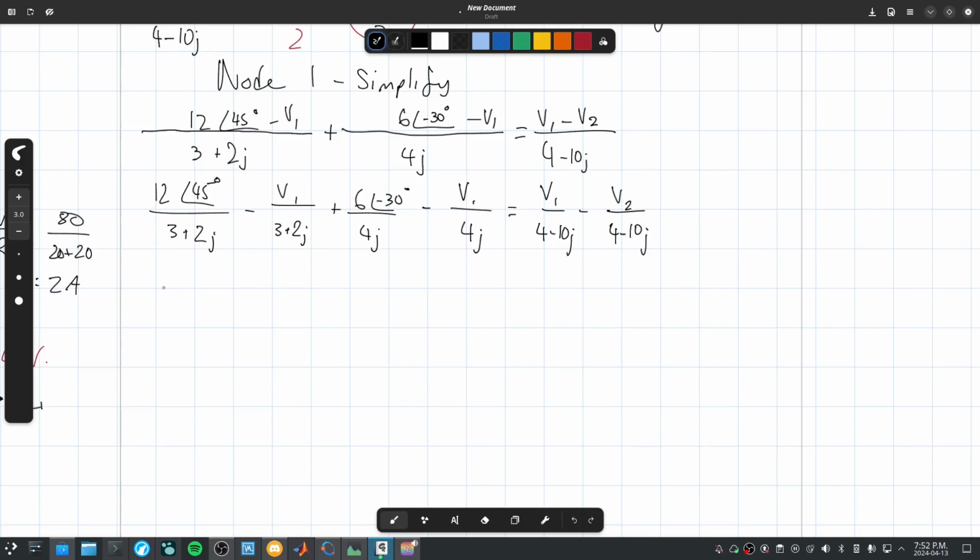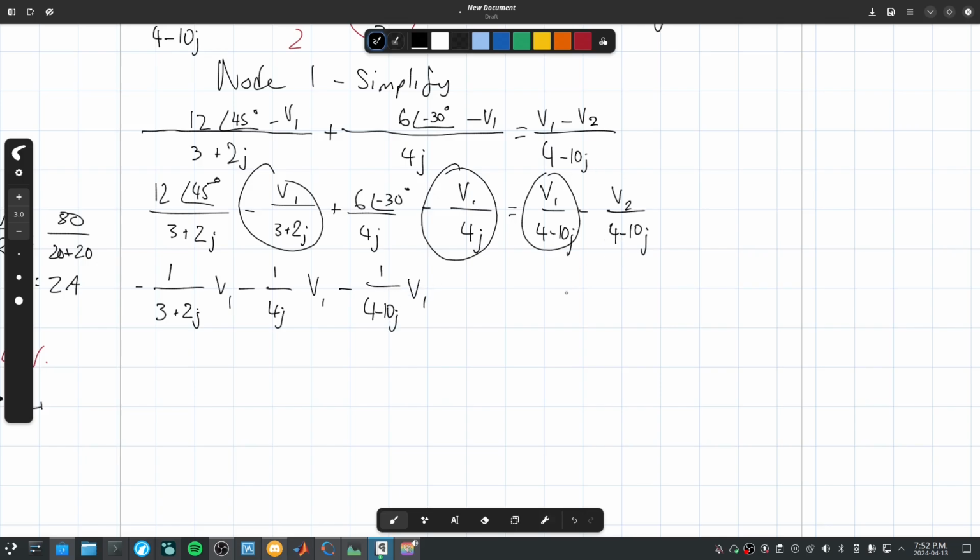So what we're going to get is negative 1 over 3 plus 2j V1, this one here, minus 1 over 4j, did he do it again? Minus 1 over 4j, this one here, minus 1 over 4 minus 10j V1, this one here, plus 1 over 4 minus 10j V2.